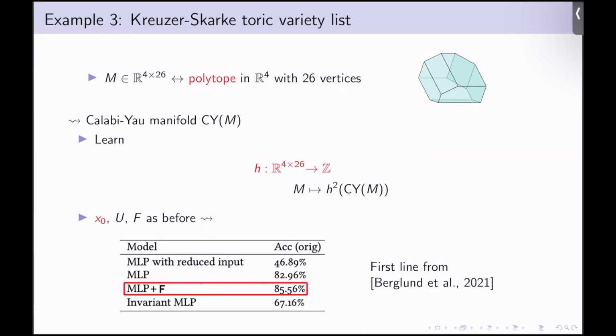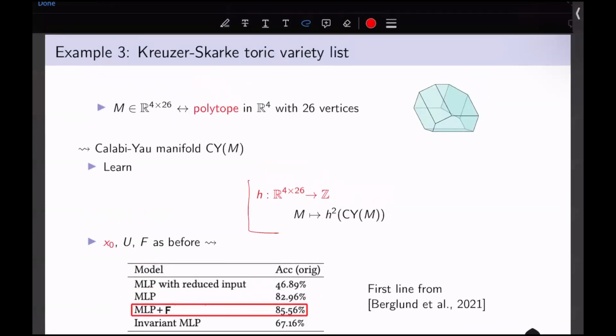And then we are interested in this function here, which takes a matrix to the second Hodge number of the corresponding Calabi-Yau manifold, and you choose your x0 as before, and then you get the u and f with this lexicographical order thing, just as before.